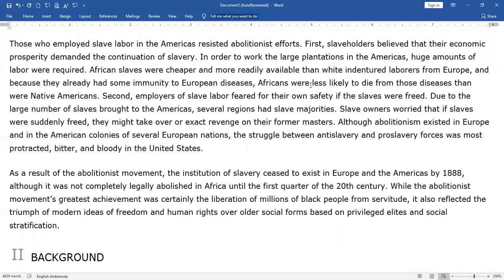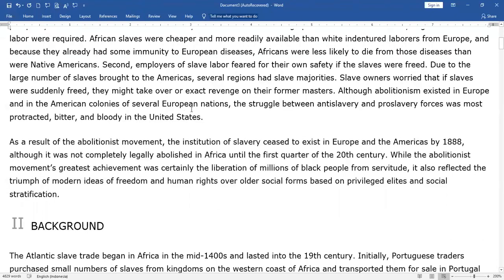Although abolitionism existed in Europe and in the American colonies of several European nations, the struggle between anti-slavery and pro-slavery forces was most protracted, bitter, and bloody in the United States.